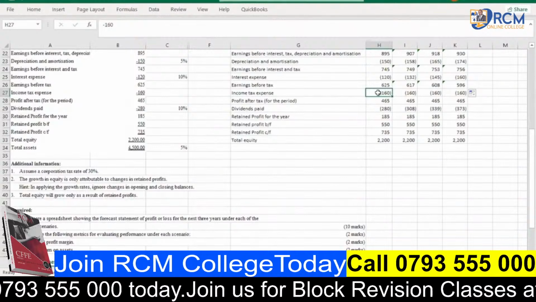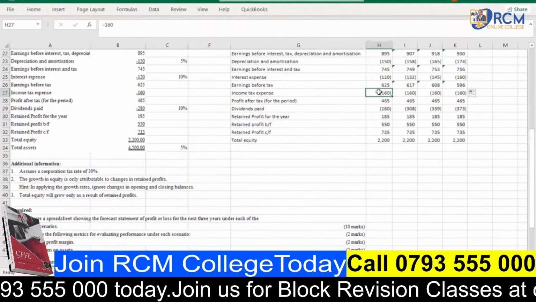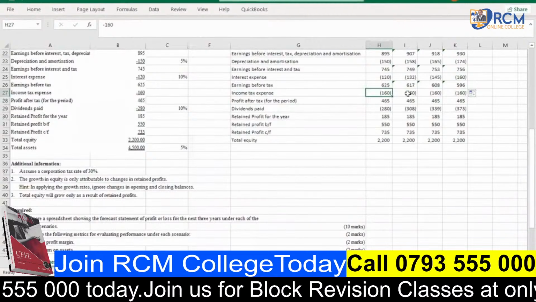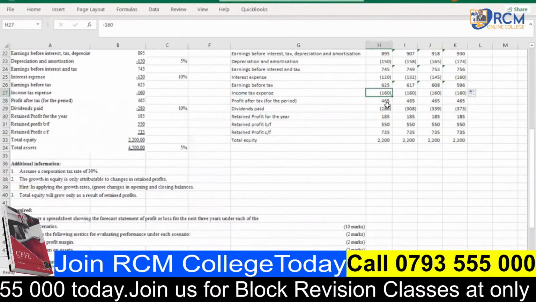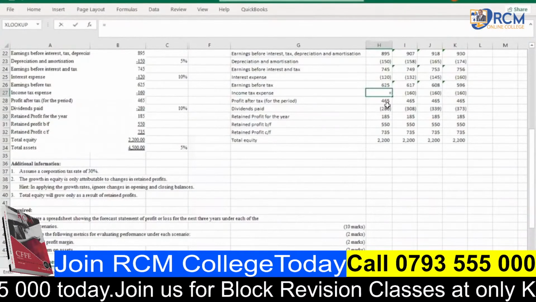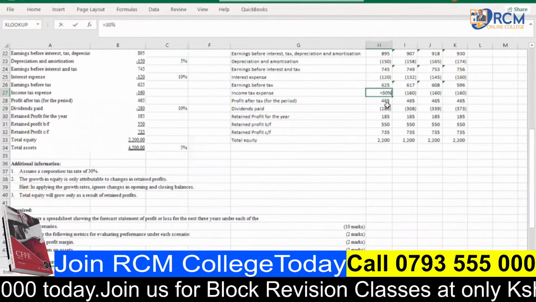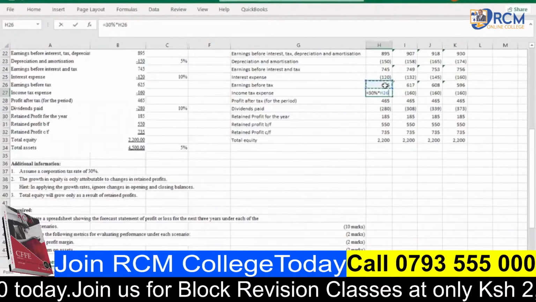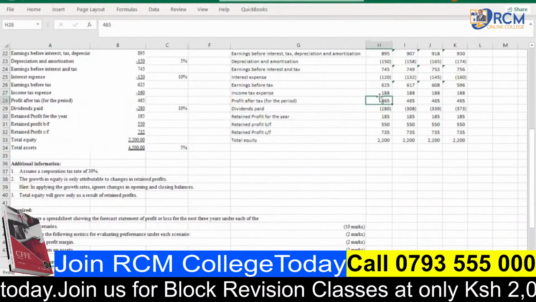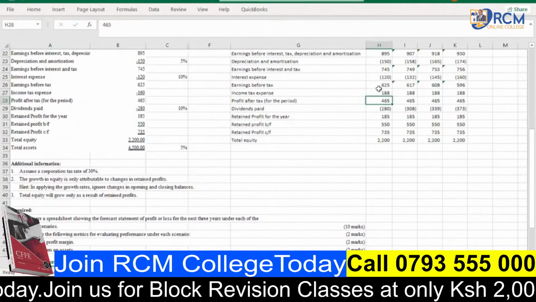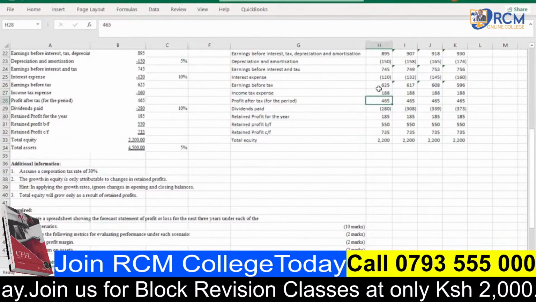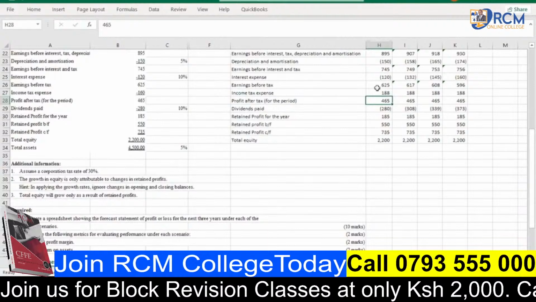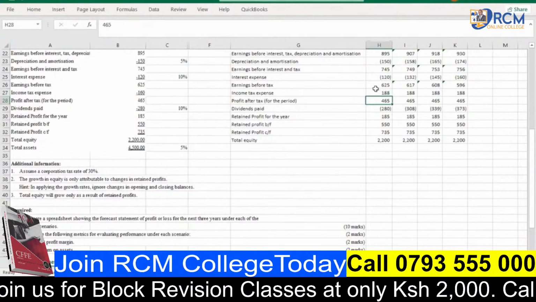So we are going to confirm, even though we have been given 160. So we are going to have 30% of this. 30% of, which one do we have there?